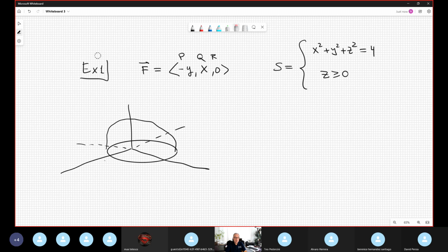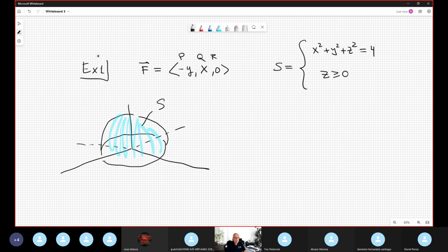My whiteboard has been trying to fix itself for some time now. Okay, this is one part, this is another part, and this is a sphere, and the radius is 2. So this is my surface, the hemisphere. This is S, and this is C, the curve. I suppose always, to simplify things, the positive orientation, positive direction.